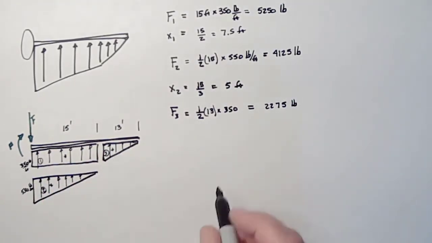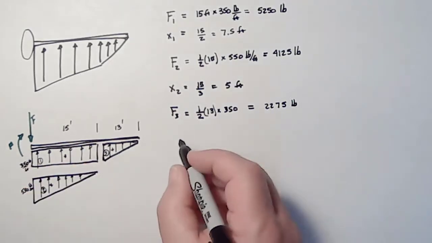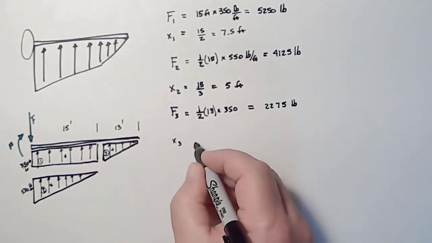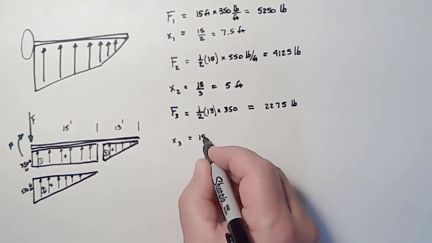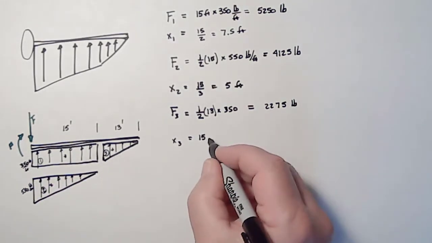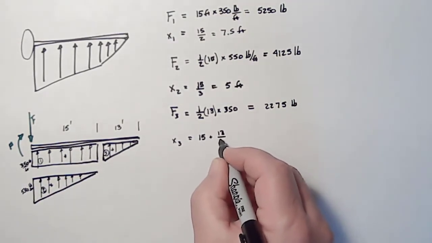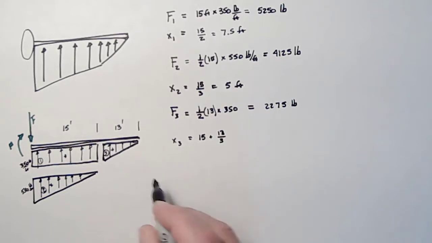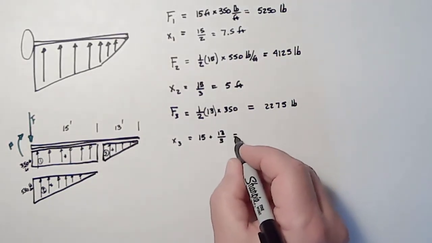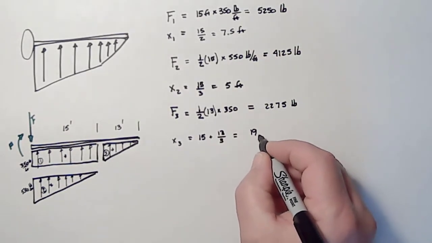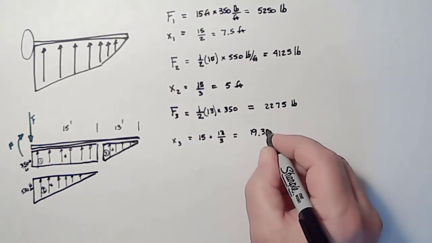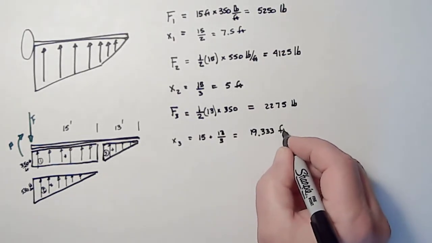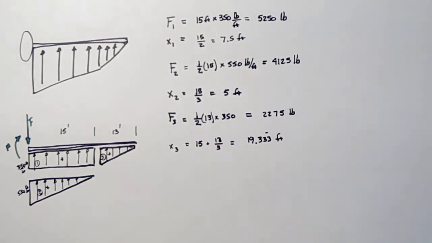That distance always has to be from the same position. So x3 is 15 feet plus 13 over 3, 1/3 of the way from the big end of the triangle, or 19.333 feet. It's a repeating decimal. Okay.